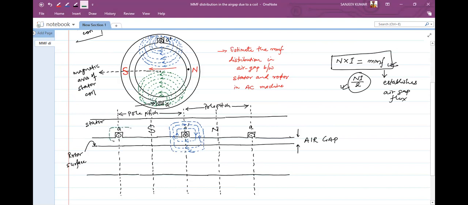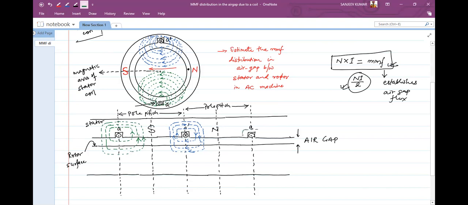The direction will be something like this. Now one can notice the direction of magnetic lines of force in the air gap.